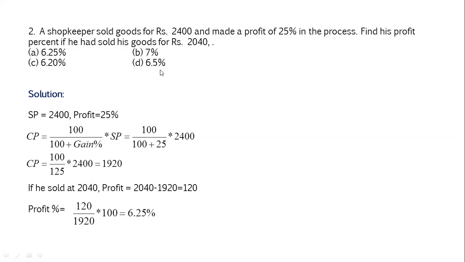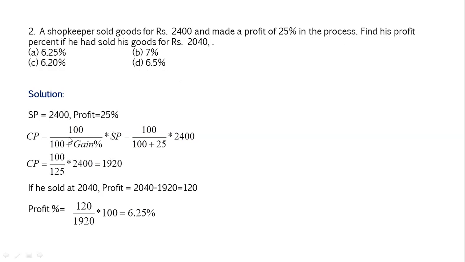Read the first statement. A shopkeeper sold goods for rupees 2400, made a profit of 25% in the process. Profit is given, and selling price SP is given. Can you calculate CP? Yes, you can. So first calculate CP.